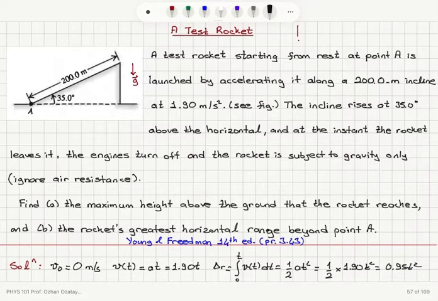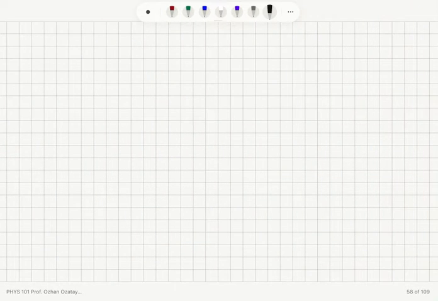Now, when delta r is equal to 200.0 meters, the rocket leaves the surface.